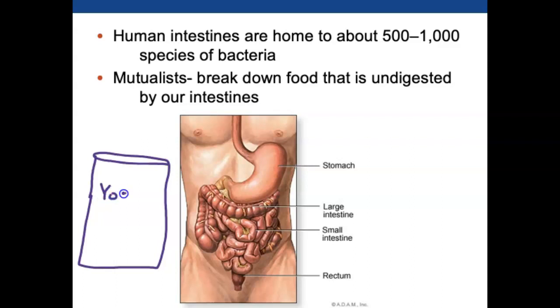If you look at yogurt, one of the ingredients is live active cultures of bacteria. Those are the good guys, though. Those are the ones that we want in our stomach, in our intestinal tract, to help digest and break down food. So, yay for yogurt. Give it a big smile.